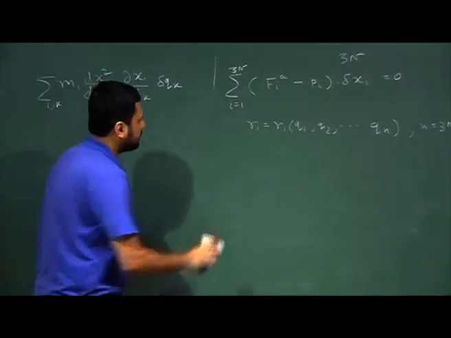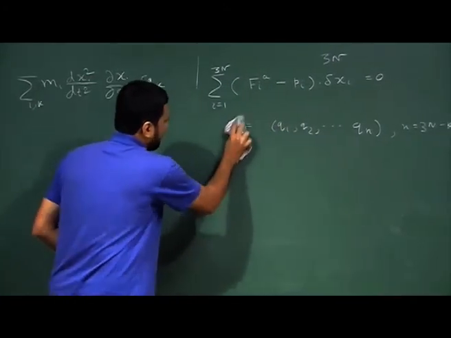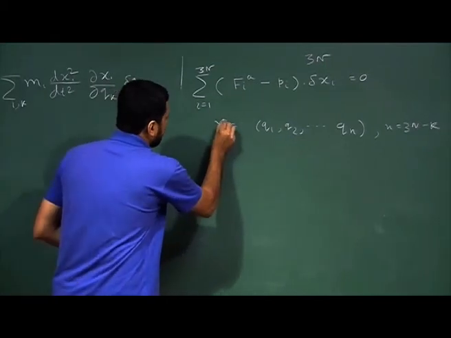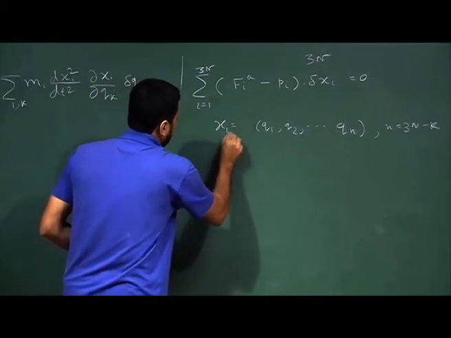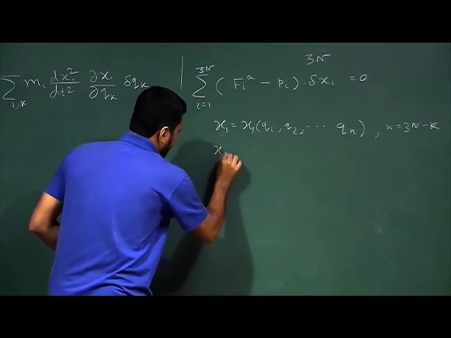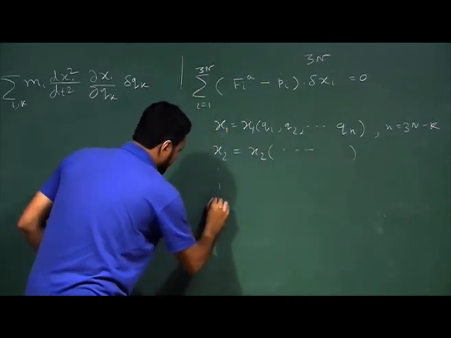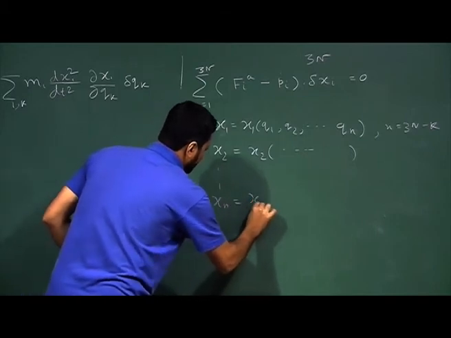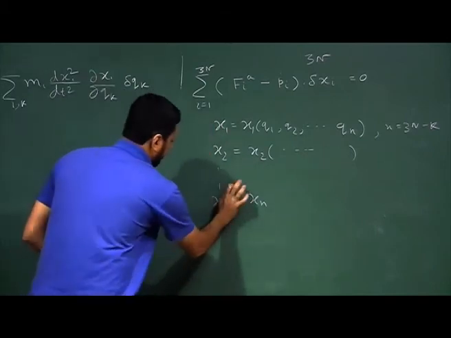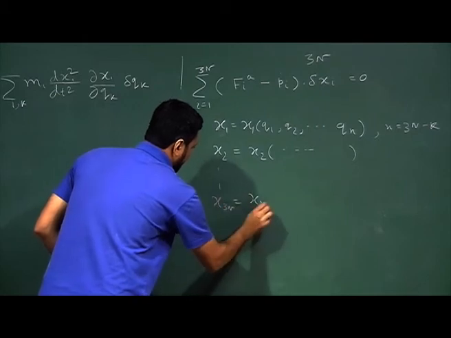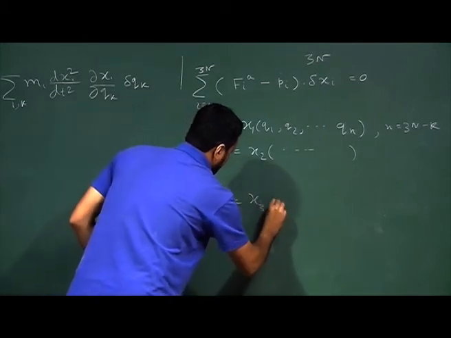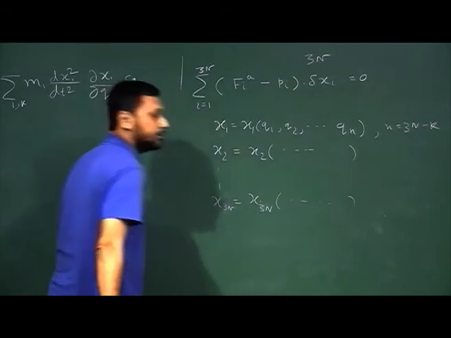First of all, we will change R to x because we are not using R's anymore. Similarly, we have x2 equal to x2 of the q's, and similarly x3n equal to x3n of the q's.